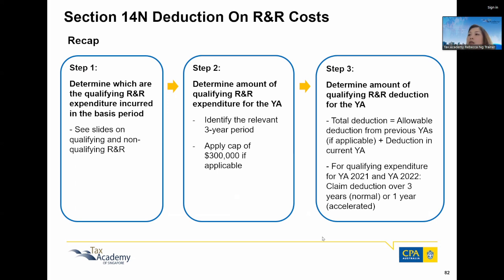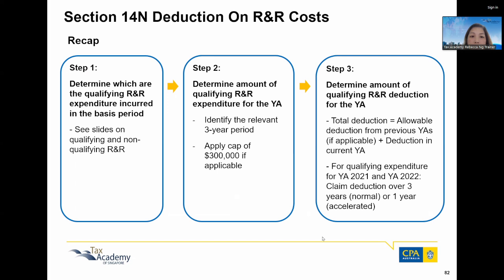So just now we have at slide 77, where we determine which are the qualifying R&R expenditure. Slide 77 provides a list of R&R expenditure.